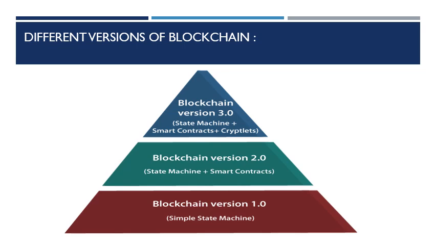After version 2.0, a new version was introduced which includes DApps, which is known as decentralized app. A DApp is like a conventional app. It can have a front end written in any language that makes calls to its back end, and its back-end code is running on a decentralized peer-to-peer network.